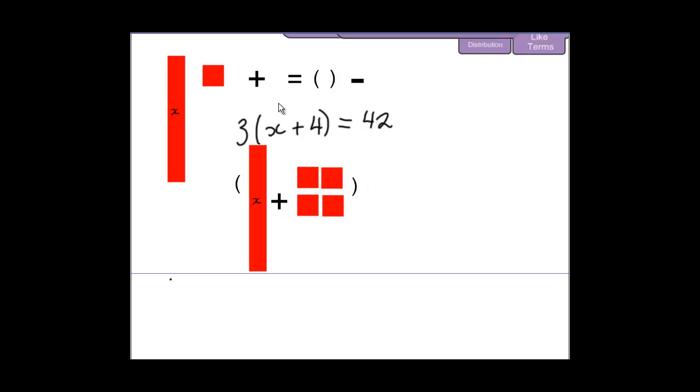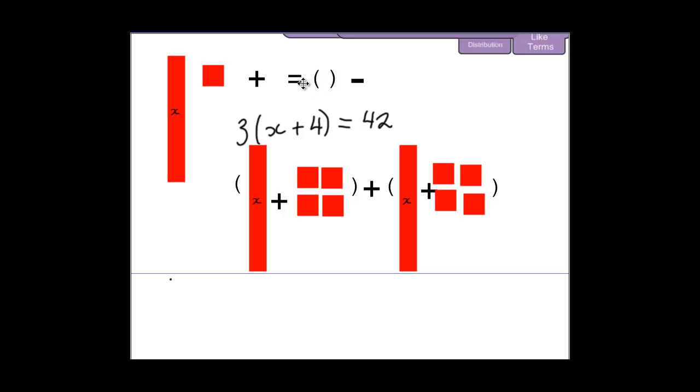But this is saying I have 3 of those. So I essentially have one group, then 2 groups, and then a 3rd group.